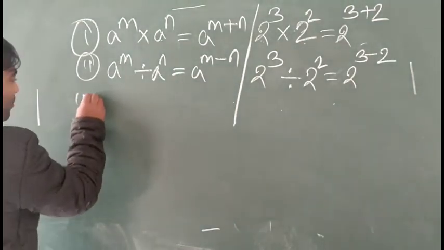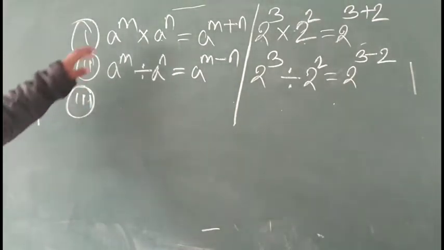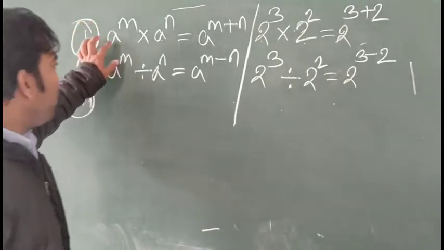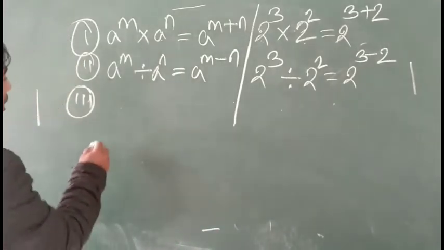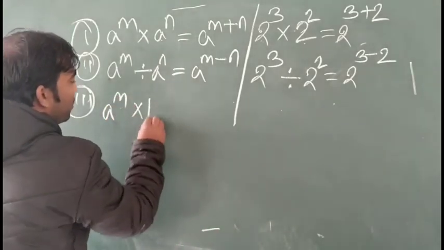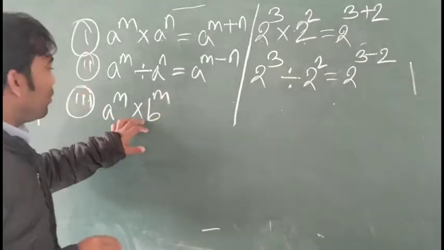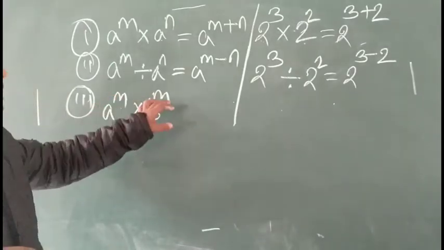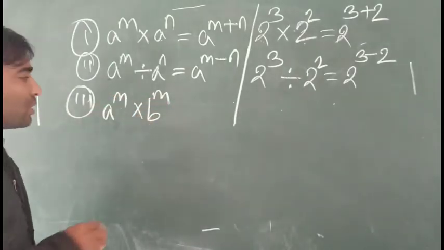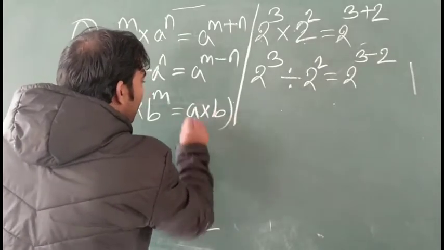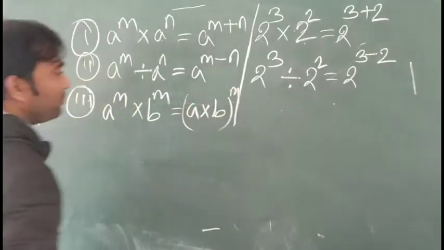Now next, formula number 3. Till now we have discussed when the bases are the same. Now we will see what happens when the bases are not the same. As an example, a to the power m into b to the power m. The bases are not the same, but the powers are the same. So what we can write in that case is a into b whole to the power m.